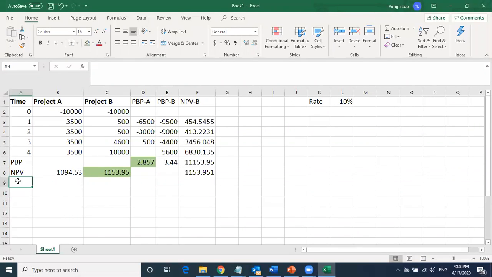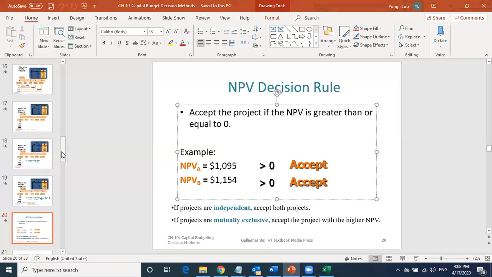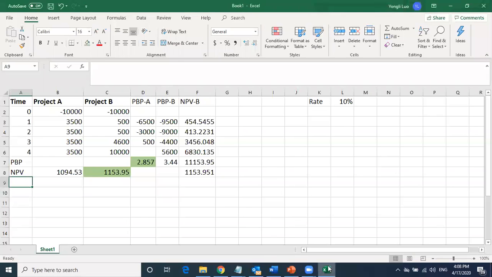Okay, now we talk about the other one: the internal rate of return. With the internal rate of return method, we determine which project to choose.